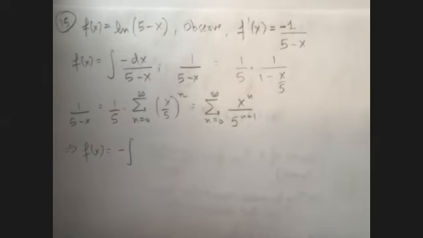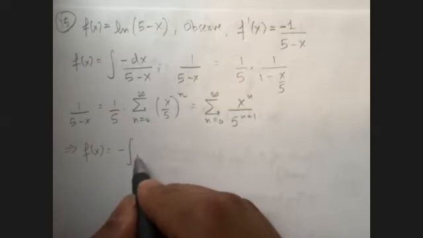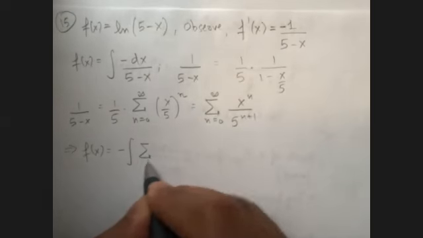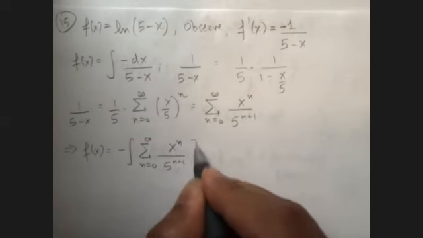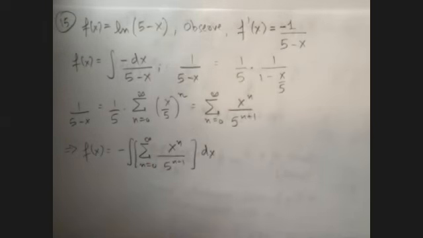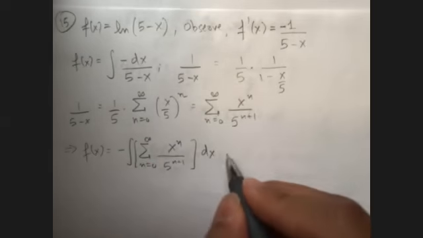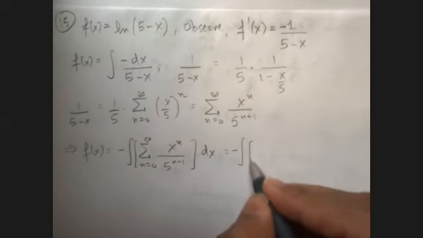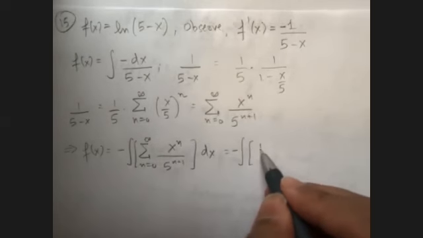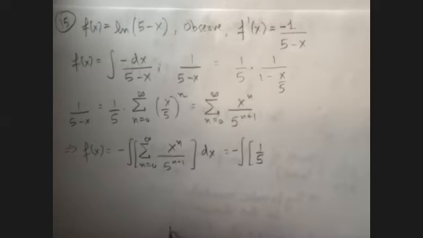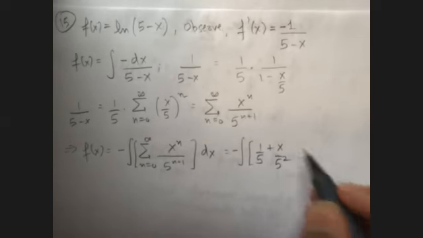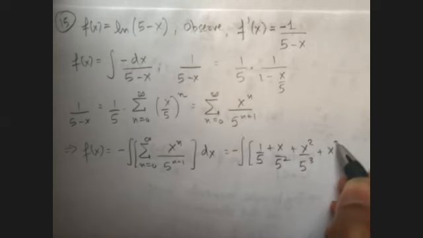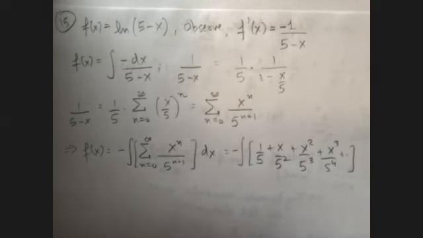Negative integration of, now if we write it term by term, we get 1 over 5, x over 5 squared, x squared over 5 cubed, x cubed over 5 to the fourth, and so on.